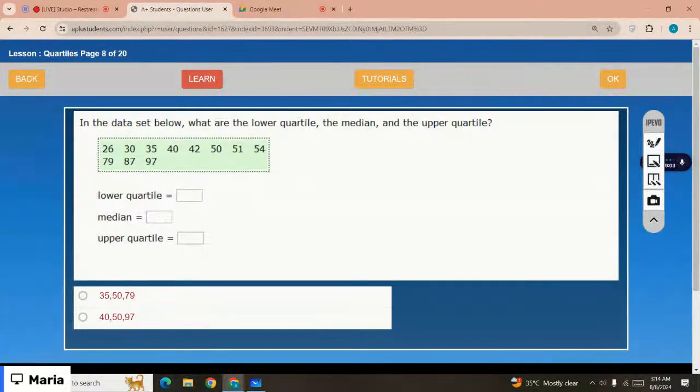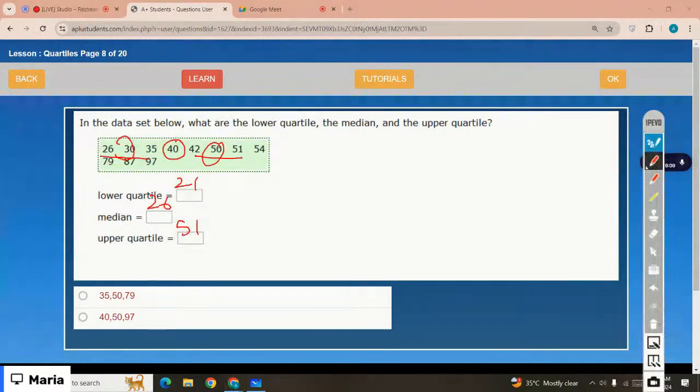The lower quartile is, hold on, that is 1, 2, 3, 5, and 1, 2, 3, 4, 5. 50.